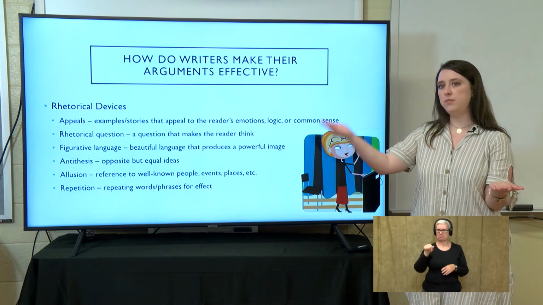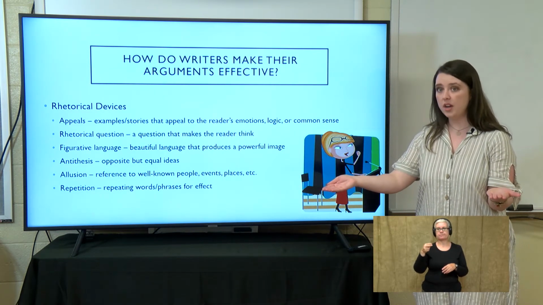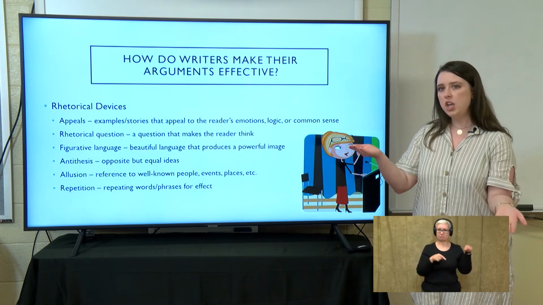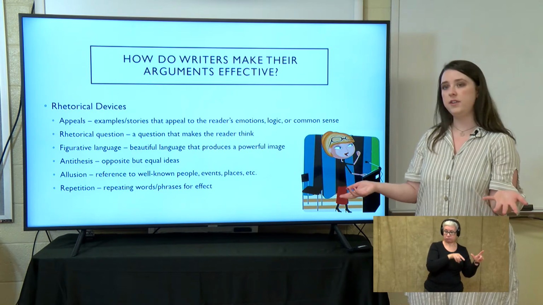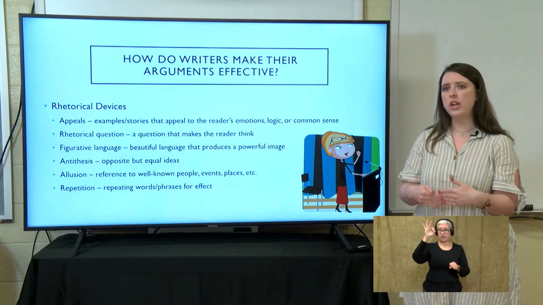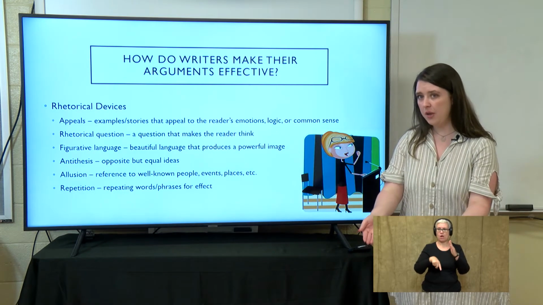And he says, either give me a good thing, liberty, or give me death, a bad thing. Okay, and usually it's a good and a bad. You may also have heard this one from JFK, President John F. Kennedy. He said, ask not what your country can do for you, but rather ask what you can do for your country. Okay, so opposite but equal ideas.